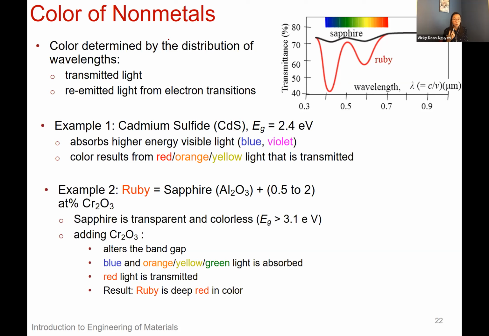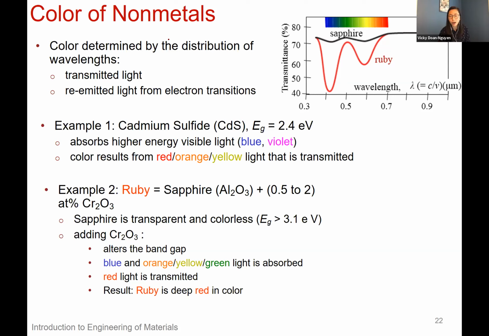So in the first example, cadmium sulfide, its band gap is 2.4 eV. So that means its band gap is much bigger than what we just talked about, 0.67 for germanium, 1.1 for silicon. 2.4 is now in the regime of the visible range.